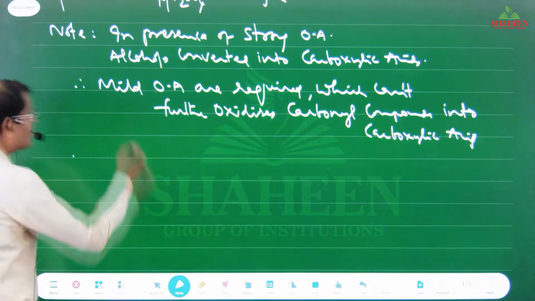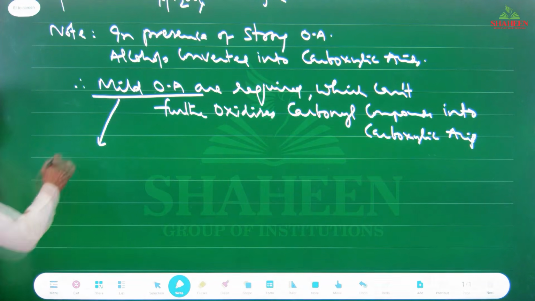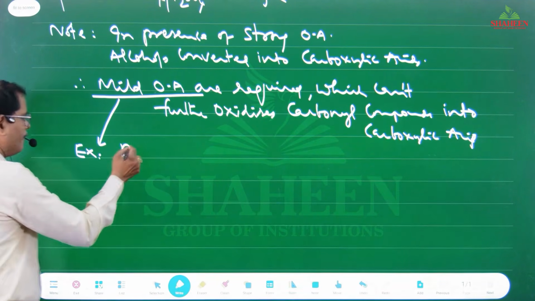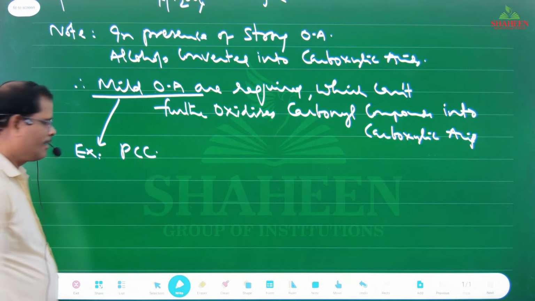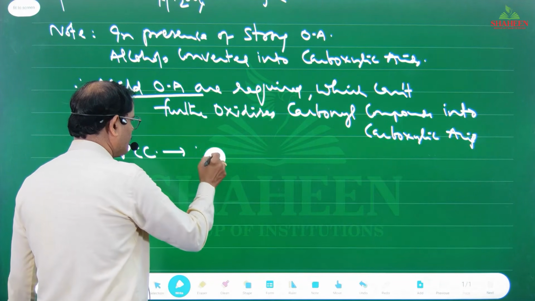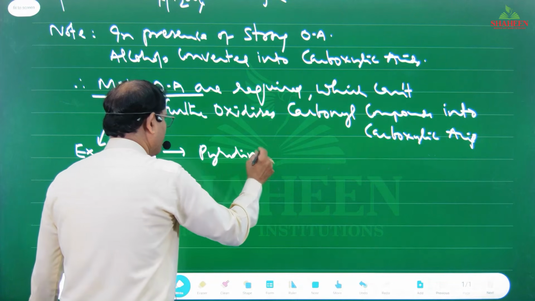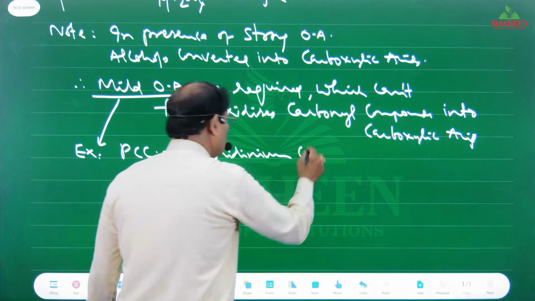So what mild oxidizing agents are available? For example, PCC, pyridinium chlorochromate.